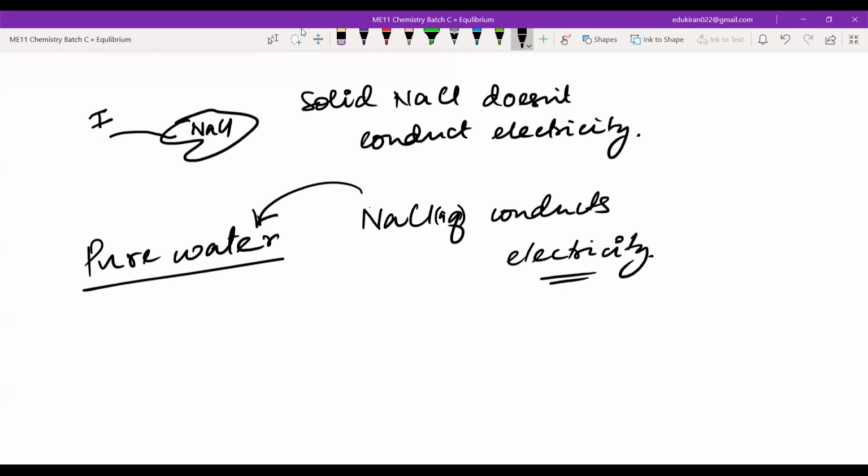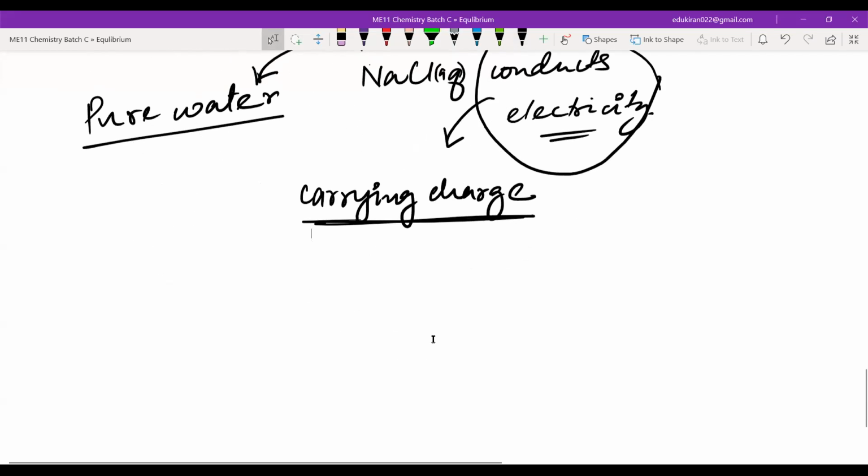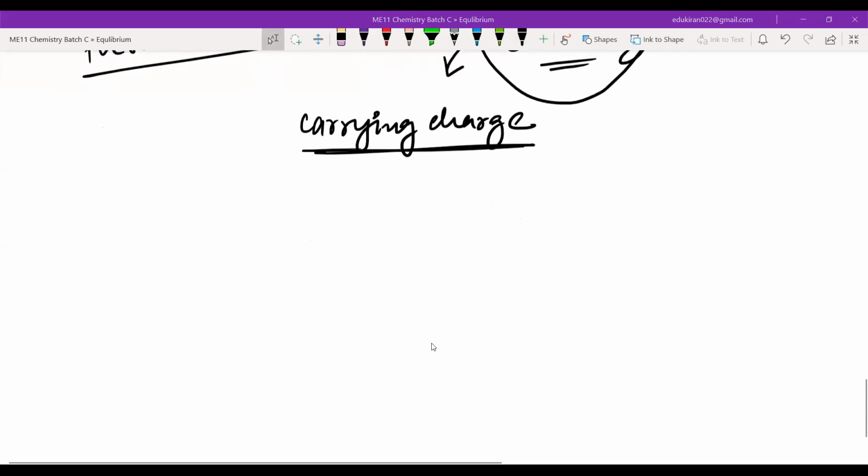And if it is conducting electricity, there should be something which is carrying charge. There should be some charge carriers, and that is why the electricity can flow. Electricity can flow only if you have a charge carrier. From this came the introduction of the concept of electrolytes.